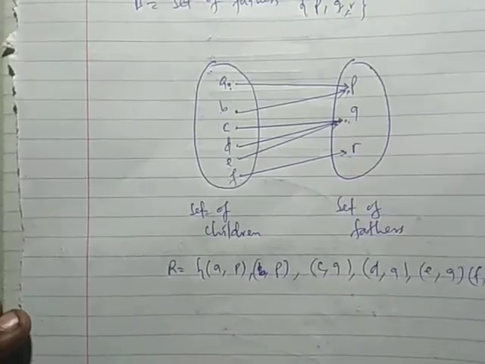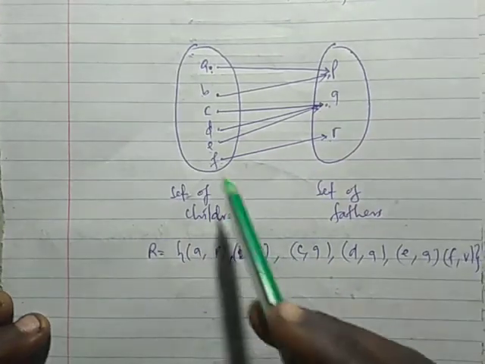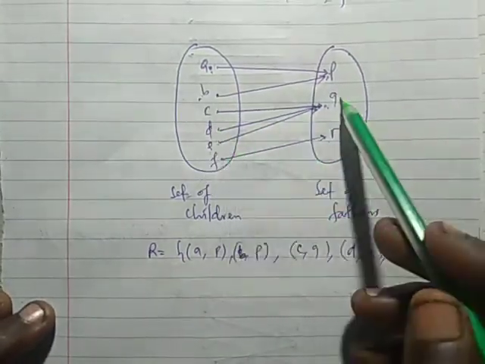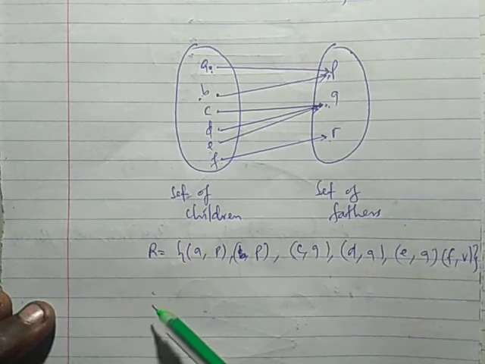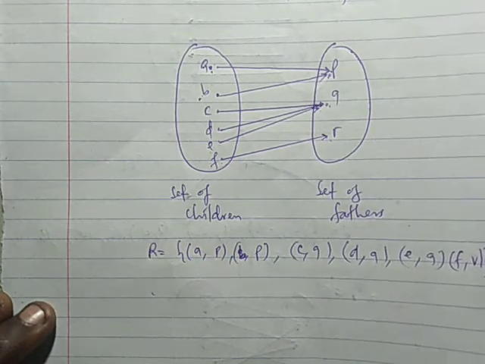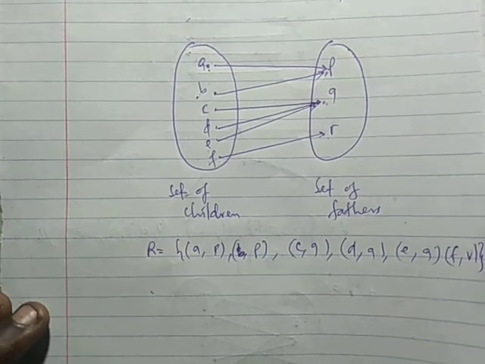Kwa kwenye relation, hii relation maana yake inakuwa ni many to one. Unaona hao wawili wameenda kwa member mmoja, hao watatu kwa member mmoja na F, so inaitwa many to one relation. Kwa hiyo tunaenda kuona importance ya vitu tutakavyoenda kwenye discussion ya maswali.